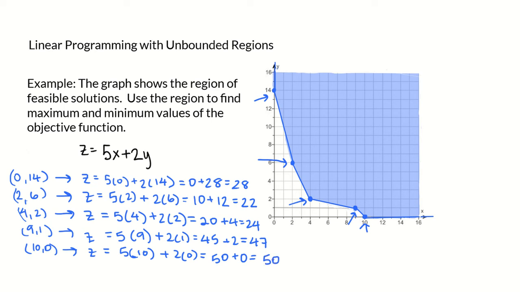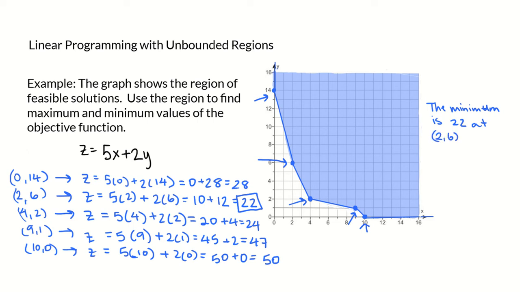So from these corner points, we have the minimum value of 22, which occurs at the point (2, 6). So minimum value is 22 at the point (2, 6).